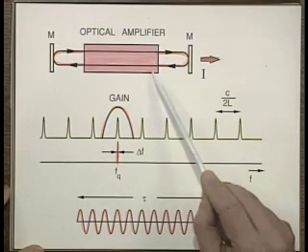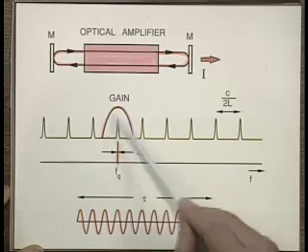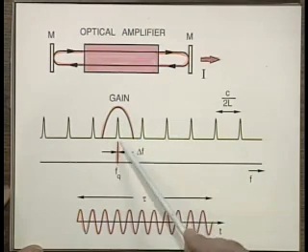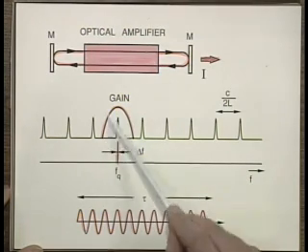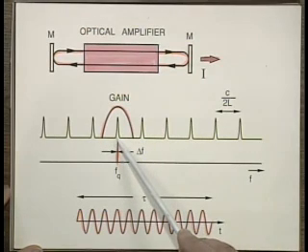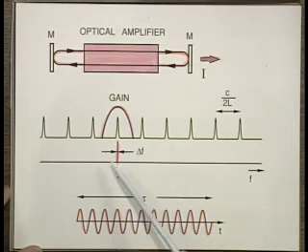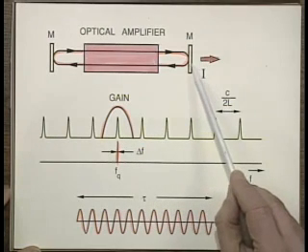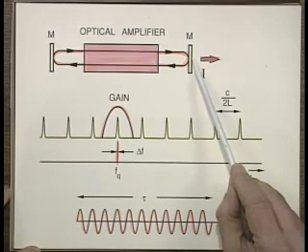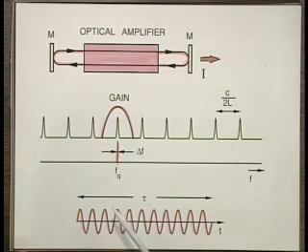If there's enough gain, let's say this is the location of the gain in frequency, and there's enough gain at this cavity resonance, then we will get lasing, and we'll get light output by making this mirror not 100% reflective, but with a little transmission, so we can leak some of the light out.